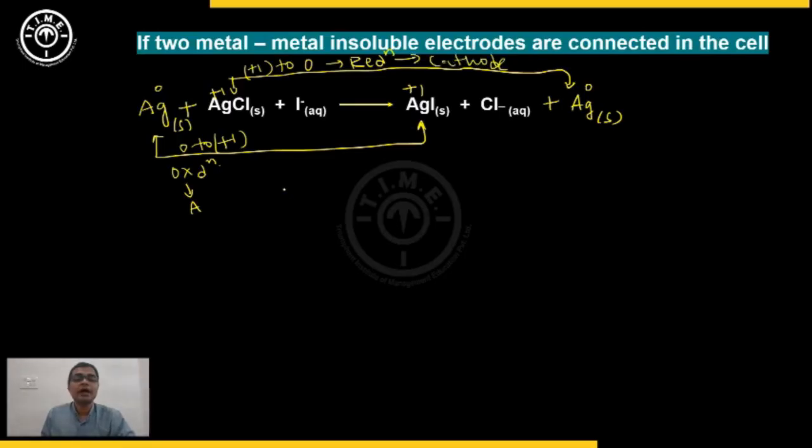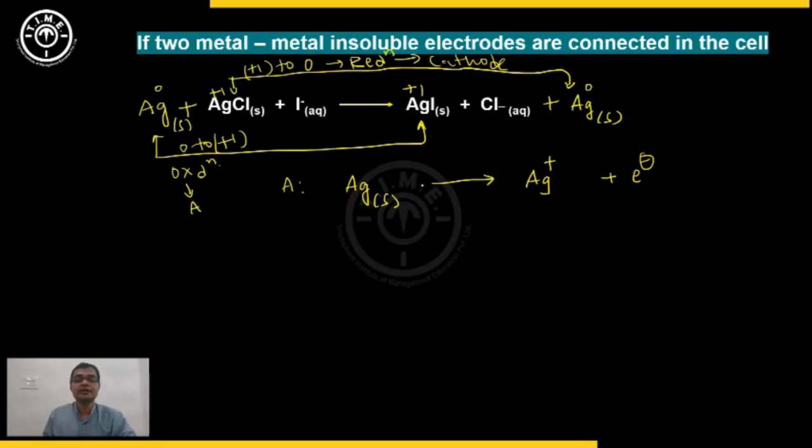Now write the anode reaction. Ag solid is oxidized to Ag+ plus an electron, losing an electron. Here the charges have to be balanced.